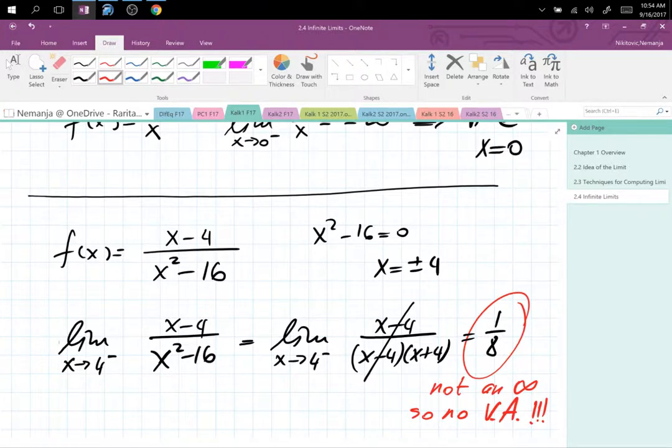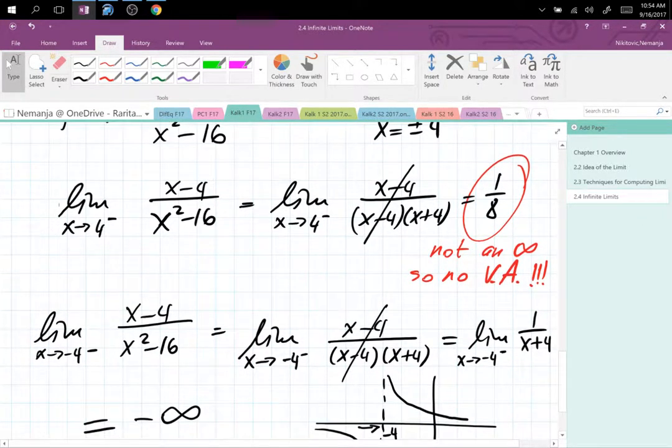This was a perfect example where you've seen that one of the candidates is not a vertical asymptote and the other one is. You can have this situation where none of the candidates are asymptotes, or one of them is, or both of them are, or maybe you have 7 and they all are.